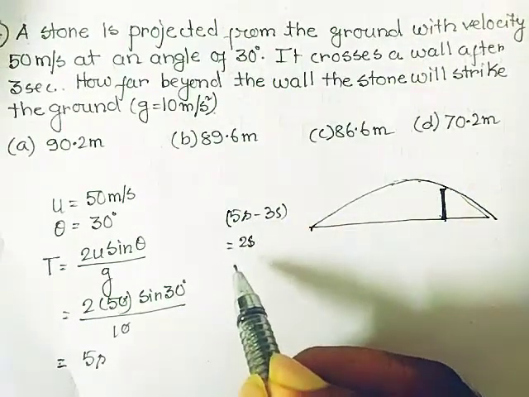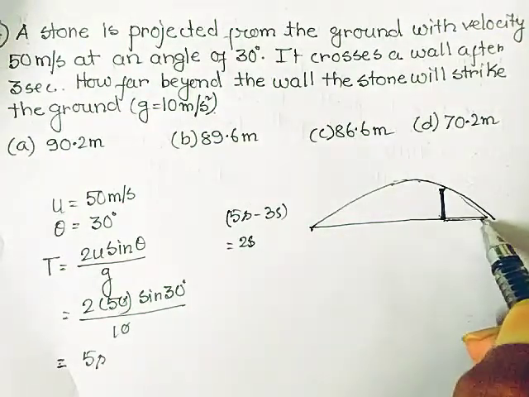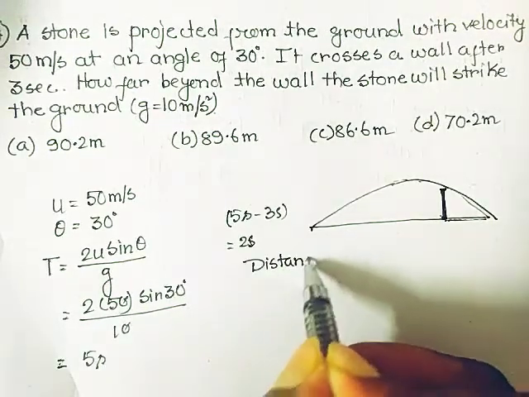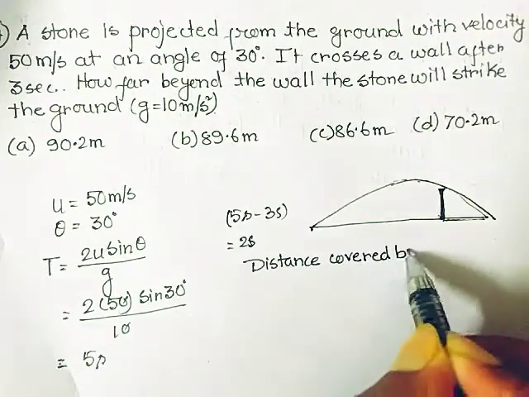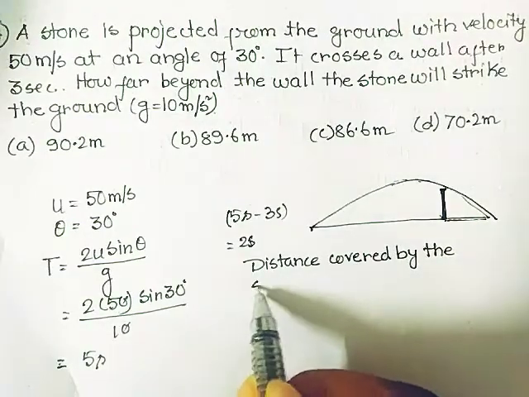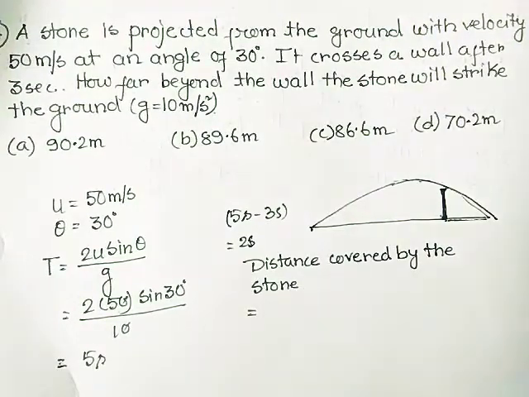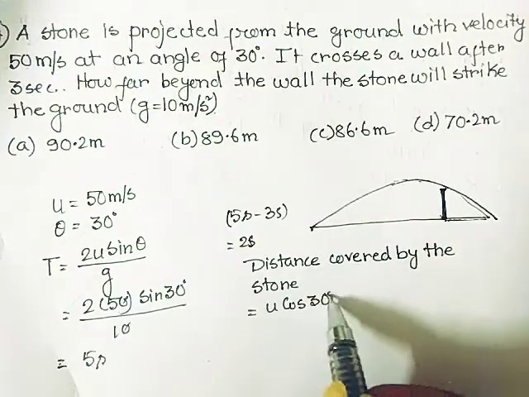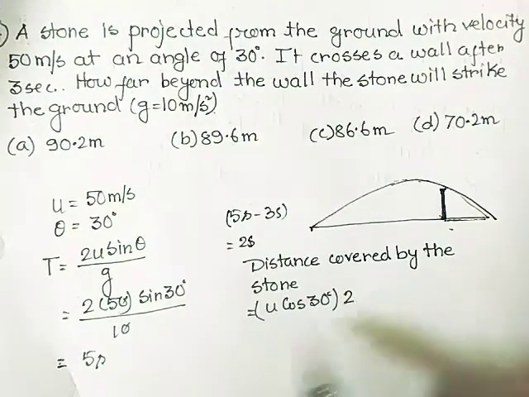So from here we can calculate how far beyond the wall, that is, the distance covered in 2 seconds. So the distance covered by the stone is equal to u cos 30 degree, that is the horizontal component, into the time which is 2.